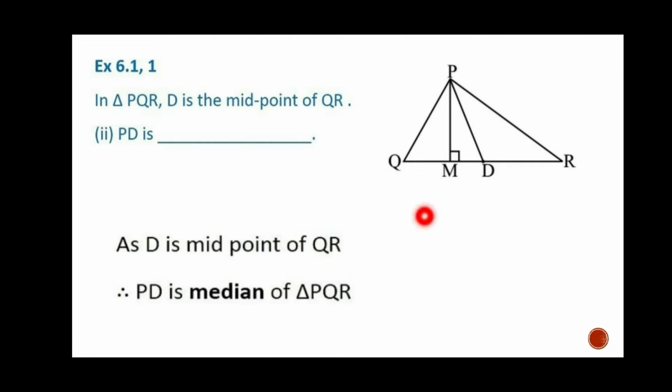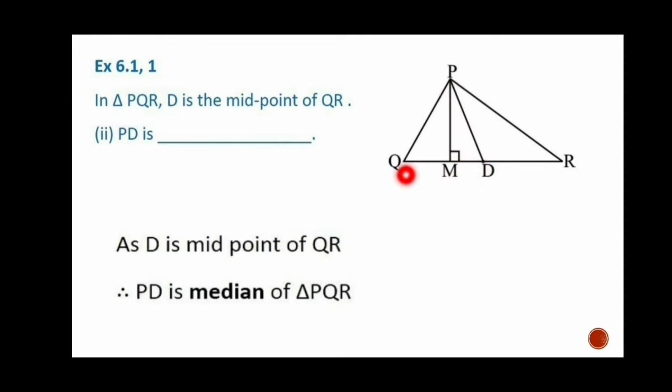Now in the second part of this question, it is given that in triangle PQR, D is the midpoint of QR. It is asked, what is PD? This line PD, what do we call this line?